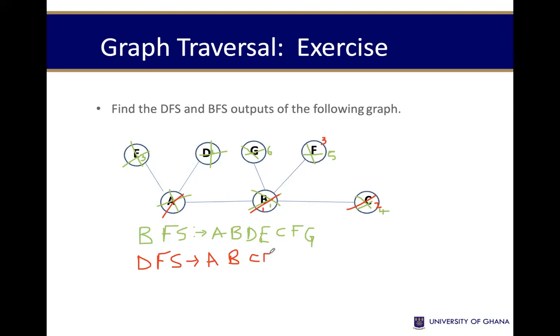G. And then of course, I have to come to the next friend of B, which is G. G, E. Then I cannot come to D. Then I'll go to the last guy, which is A. And I'm done.